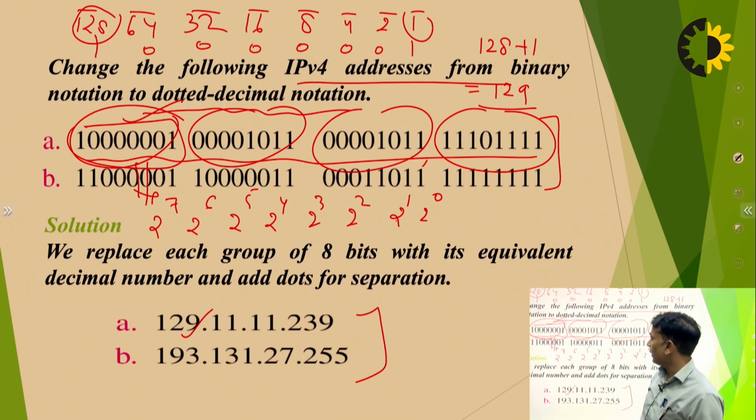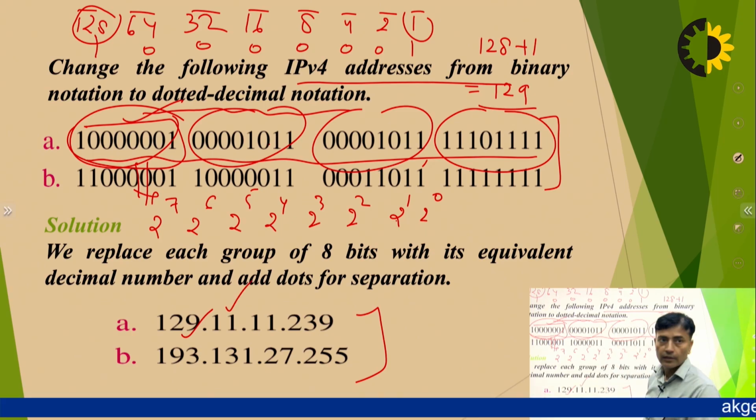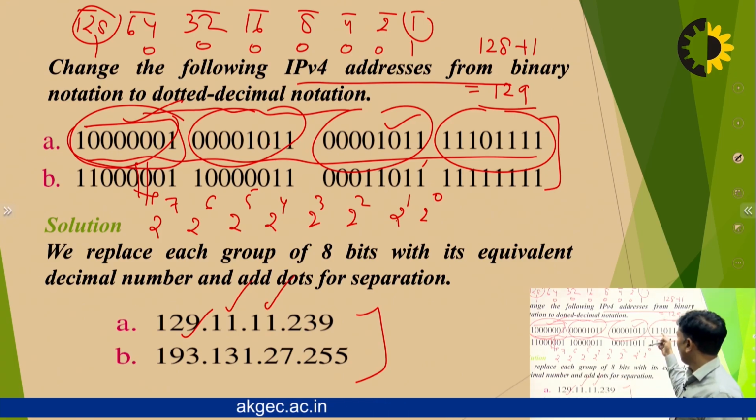Similarly, if we convert this binary number with the same procedure, it will give 11. Similarly, when we convert this number, four 0s then 1011, it will again give 11. And if we convert the last byte into decimal, certainly it will give 239.